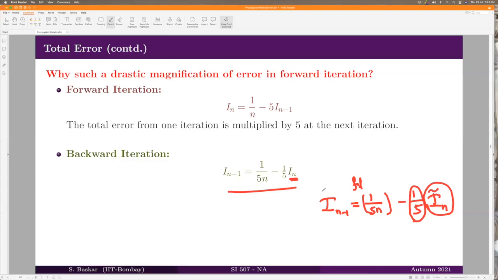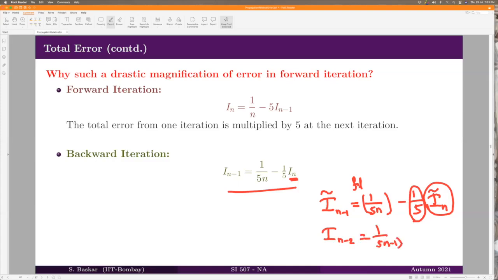So you are propagating, but every time you are carrying over 1/5 of the previous error. And then you make a new error here by putting a floating point approximation, which we are denoting by I tilde. Now, to calculate I(n-2), you have 1/5n minus 1/5 into I(n-1) tilde. There will be some approximation here also.